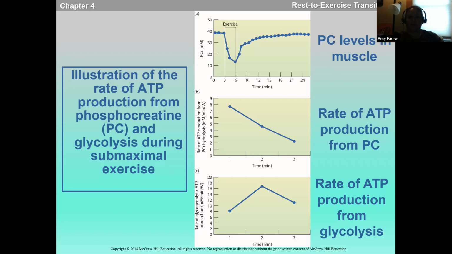That initial 10 seconds is going to be that ATP-PC system, right? And then glycolysis is going to kick on. While we see that PC system fail quickly, glycolysis really doesn't start to kick on until we're 30 seconds to a minute in. It's going to peak at 2 minutes and then fall off. When it falls off, we should be transitioned into steady state and aerobic means.